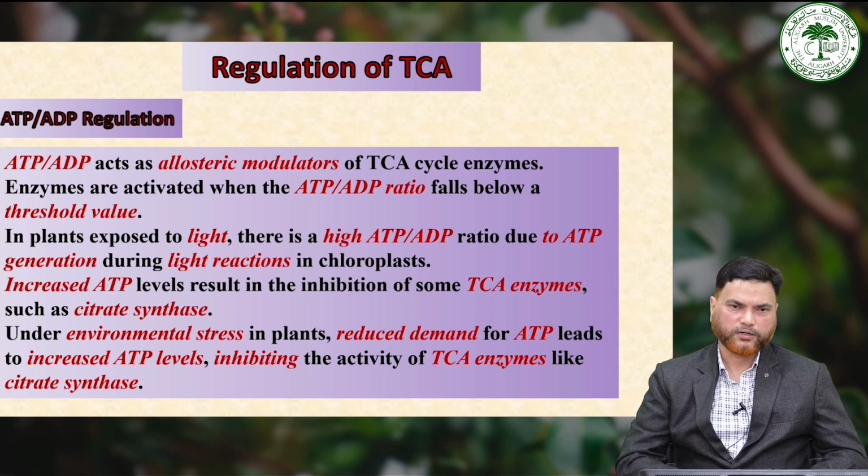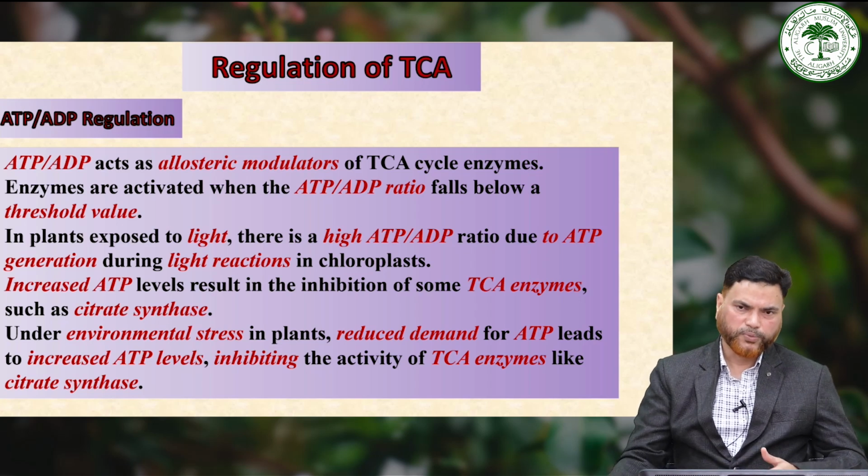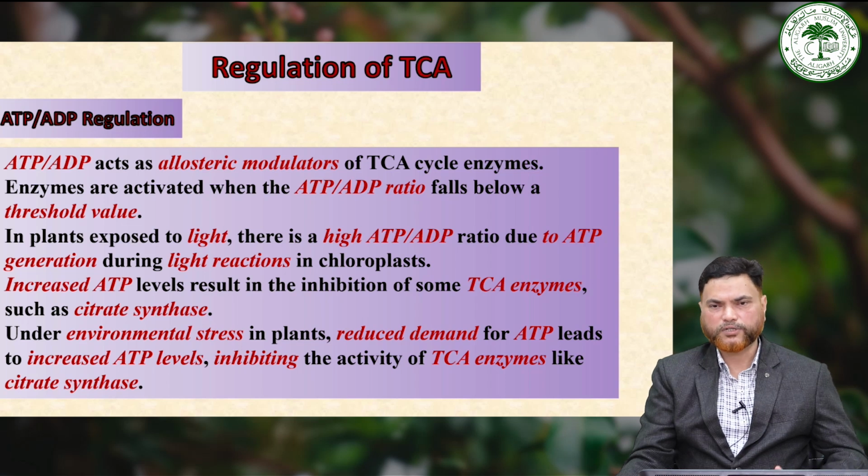The enzymes involved in the TCA cycle are triggered when the ATP-ADP ratio goes below a certain level. Plants exposed to light have a high ATP-ADP ratio because ATP is produced during the light reaction in the chloroplast. So, an increased level of ATP blocks several enzymes of the TCA cycle, including citrate synthase.